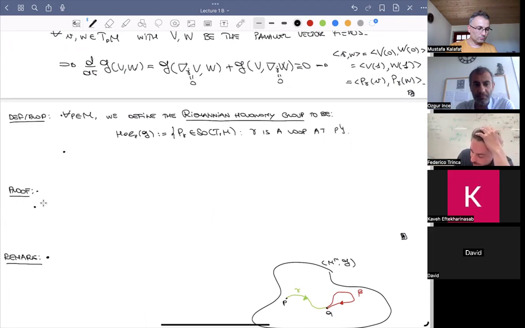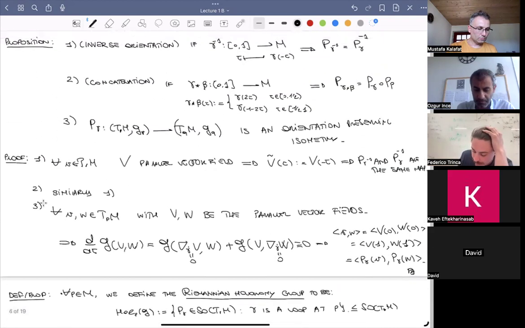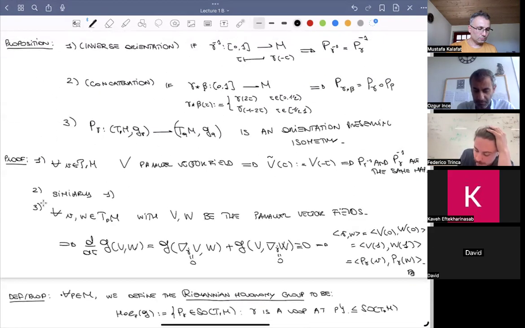So essentially, we are taking a point and we're looking at every loop based on that point and doing parallel transport. And this turns out to be a subgroup of SO(T_pM), and this we've proven by these two properties here.